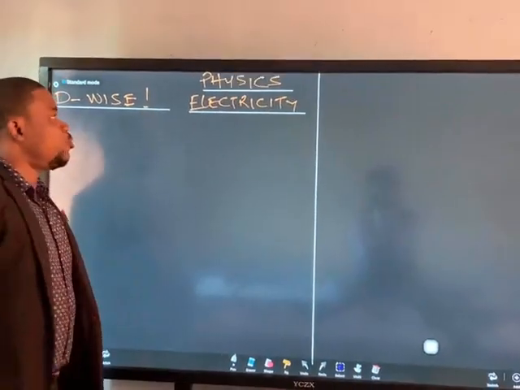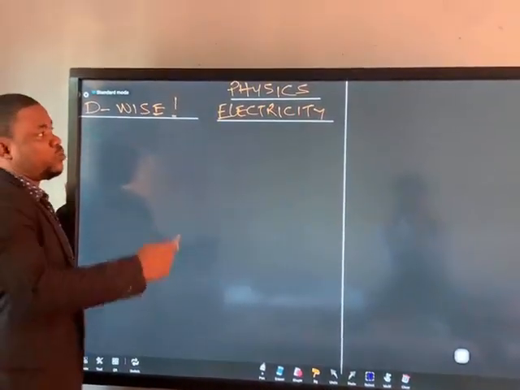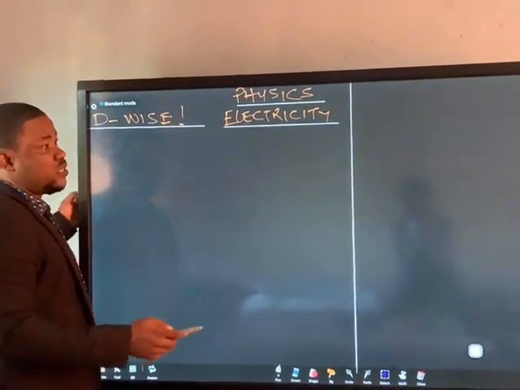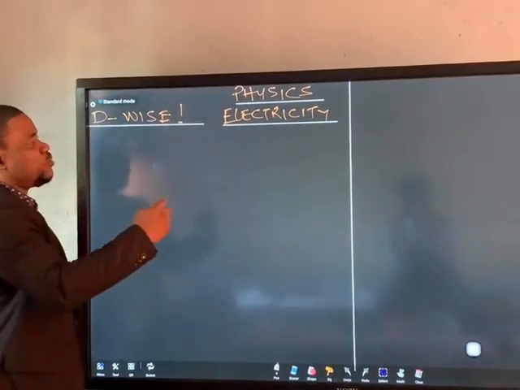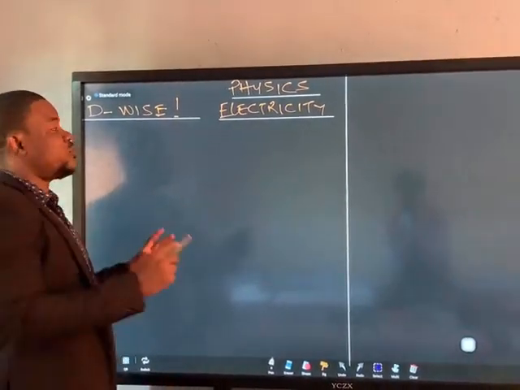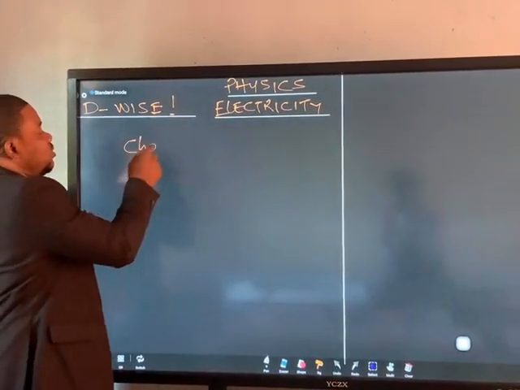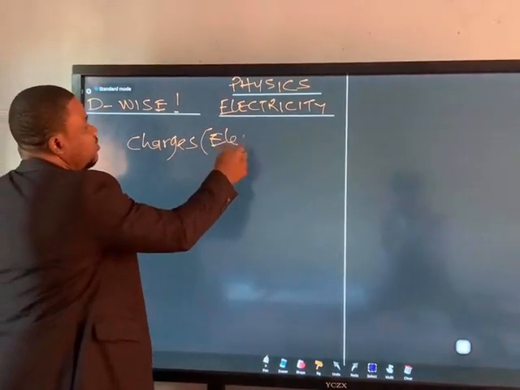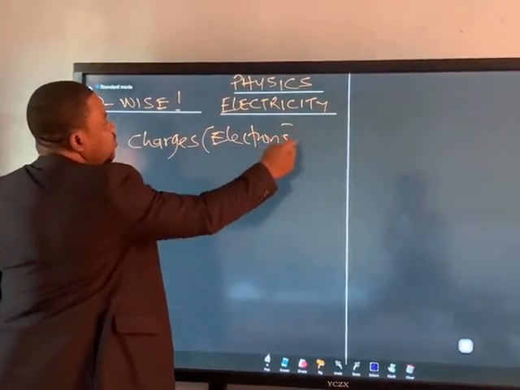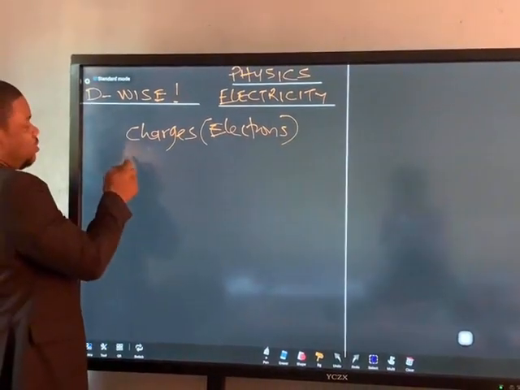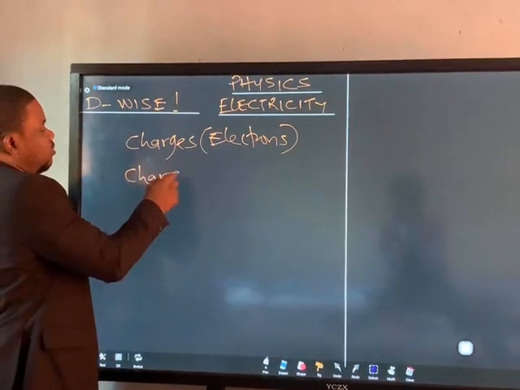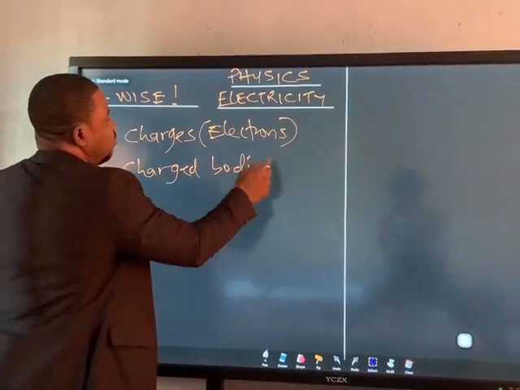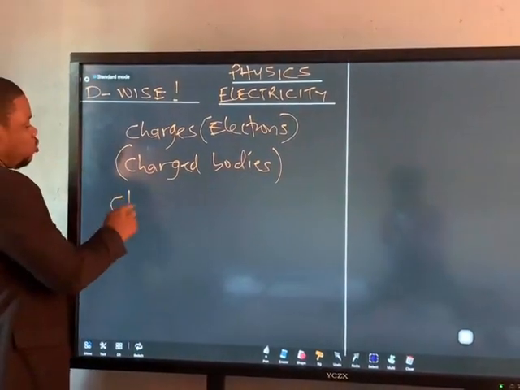Okay, we started electricity already, but I will just do a very brief recap. I started saying that if we're talking about electricity, generally we're either talking about charges, which are electrons specifically, charged bodies, or charges in motion.